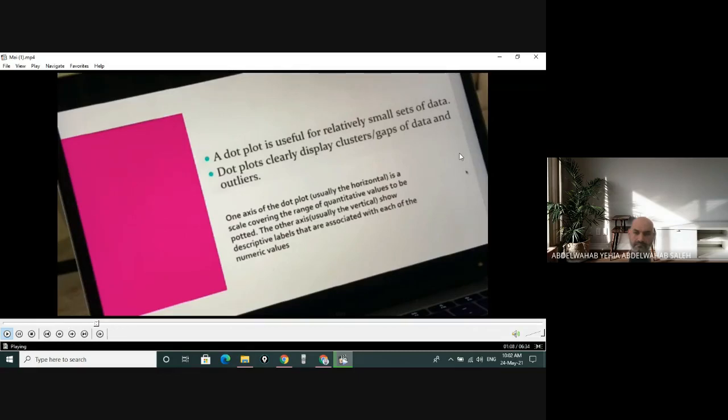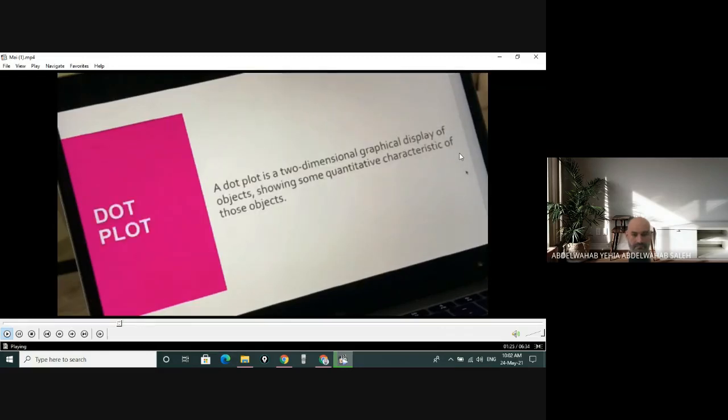One axis of the dot plot, usually the horizontal, is a scale covering the range of quantitative values to be found. The other axis, usually the vertical, shows descriptive labels that are associated with each of the numeric values. Type 1, which is dot plot. A dot plot is a two-dimensional graphical display of objects showing some quantitative characteristic of those objects.